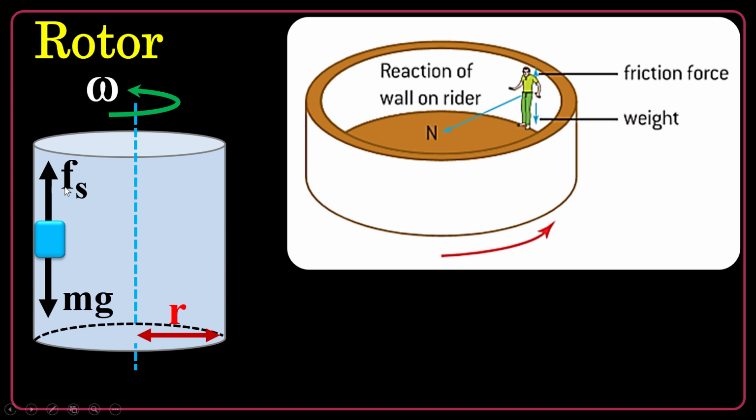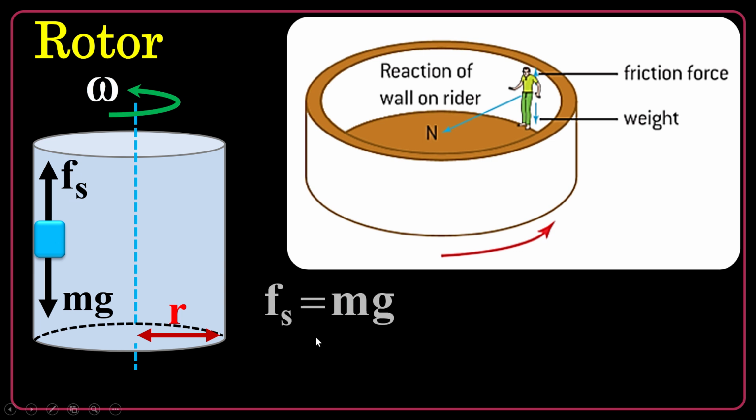Actually, static friction is used here, not kinetic friction. The reason is that static friction is used in cases where the object is not sliding on the other, and it is so here. Think about the person inside the cylinder. The person has no relative motion to the cylinder. He or she will stick to the cylinder, so static friction is useful here.